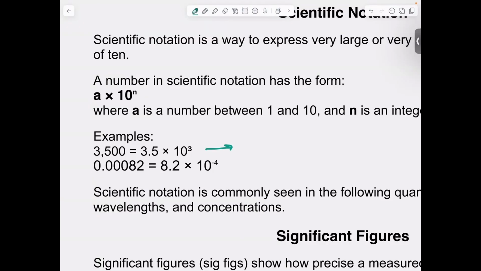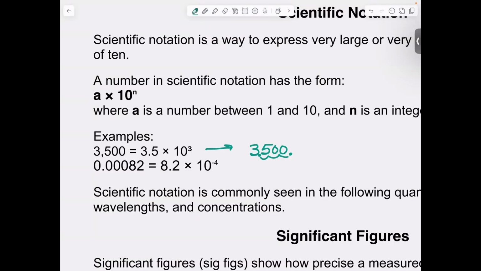Now, if I take 3,500 and I want to put it into scientific notation, remember my implied decimal point is right here. In order to put it into scientific notation, I'm moving it back 1, 2, 3 spots, or 3 decimal places, to get my 3.5.